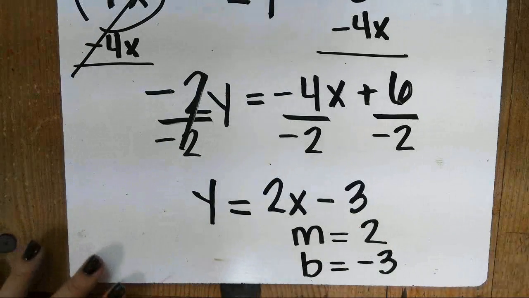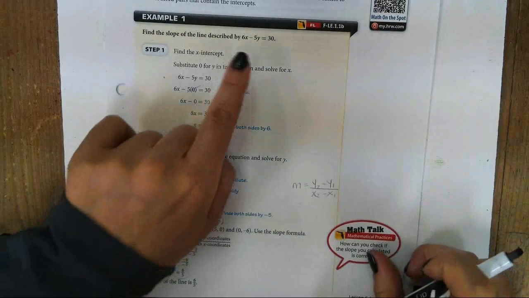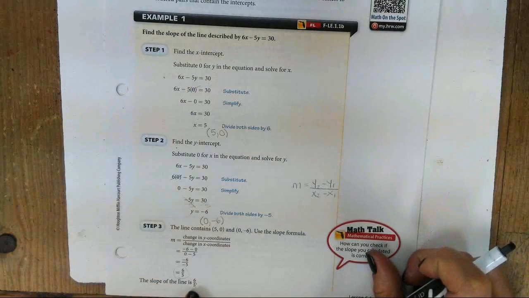Okay? Now, the other trick I wanted to show you, okay, going back to this same exact equation, remember that our slope was 6 over 5, okay?